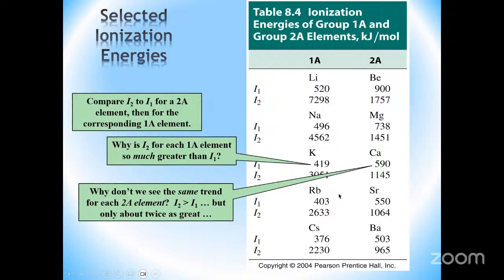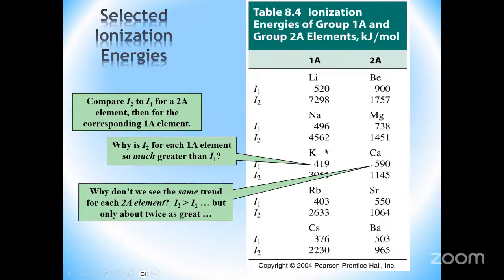Okay, so this slide is showing you the first and second ionization energy for the elements in group 1A and 2A. We're going to get to the exceptions that I just mentioned later on, but for now, let's look at a comparison between lithium and beryllium.